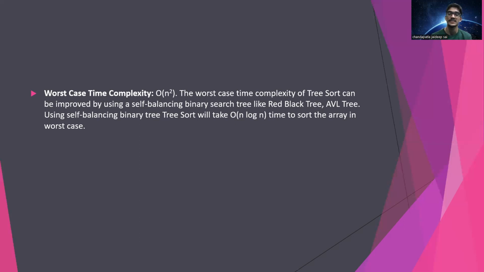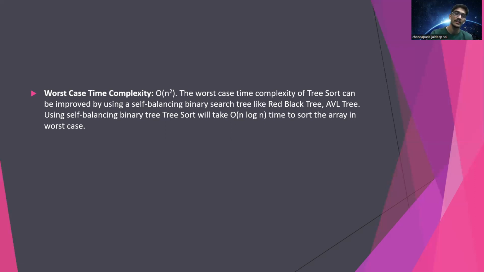While the worst case of the tree sort algorithm is O(n squared), we can reduce this worst case complexity by using a self-balanced binary search tree like a red-black tree or AVL tree. So while using a red-black tree or AVL tree, the tree sort algorithm will take O(n log n) time in the worst case, which is less than the previous one.